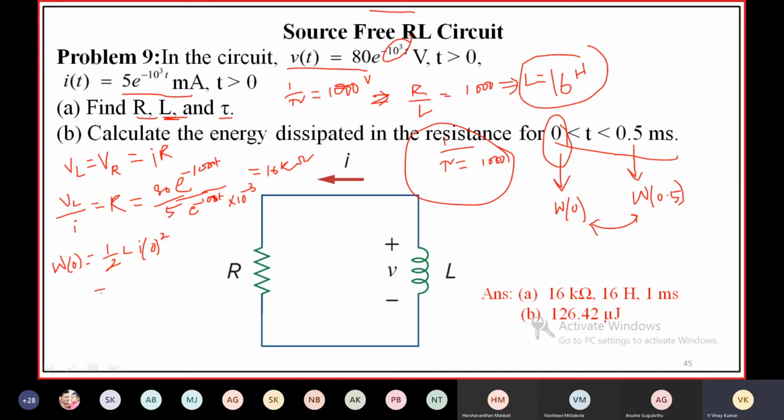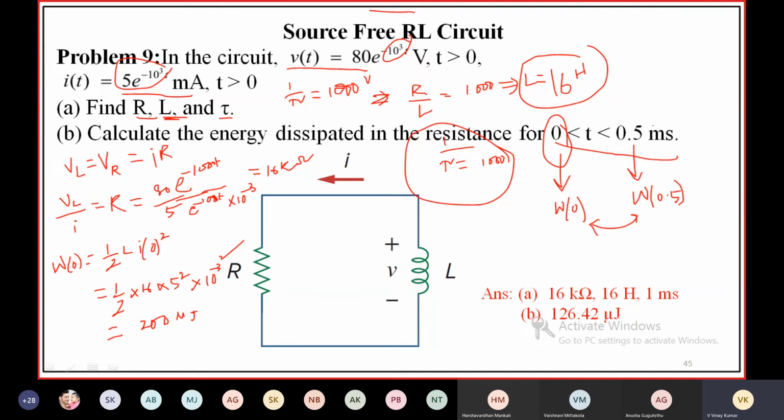I of 0 is 5 milliamps, so 5 square into 10 to the power of minus 3 square, because it is in milliamps. 16 by 2 is 8, 8 into 25 is 200, so 200 microjoules is the initial energy.